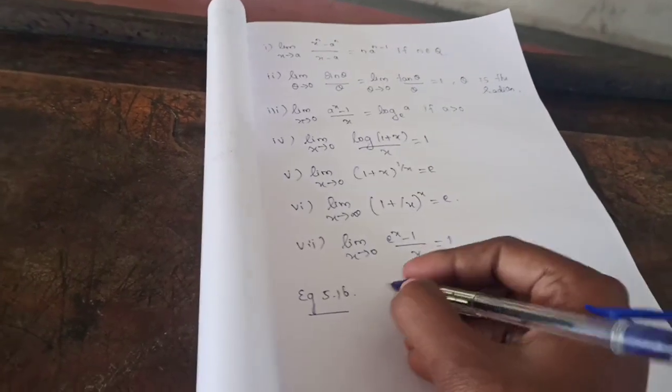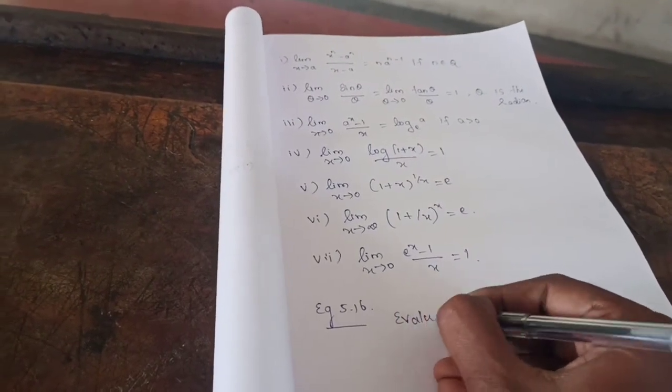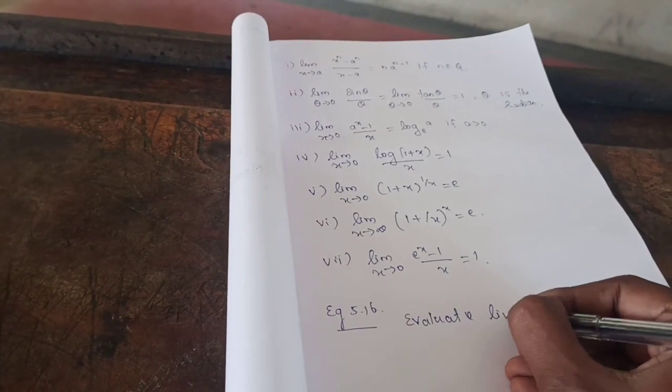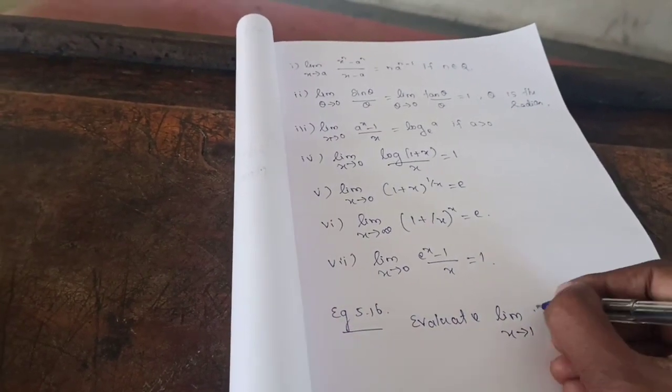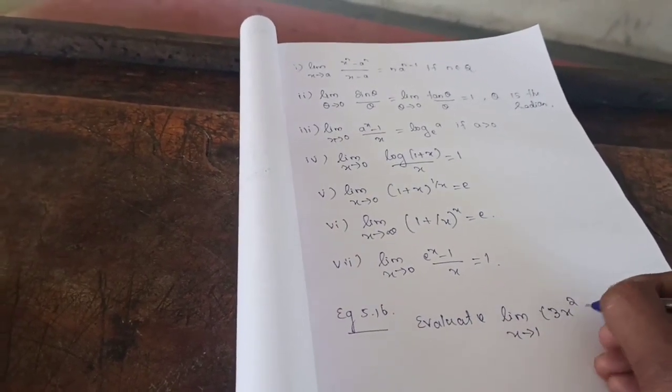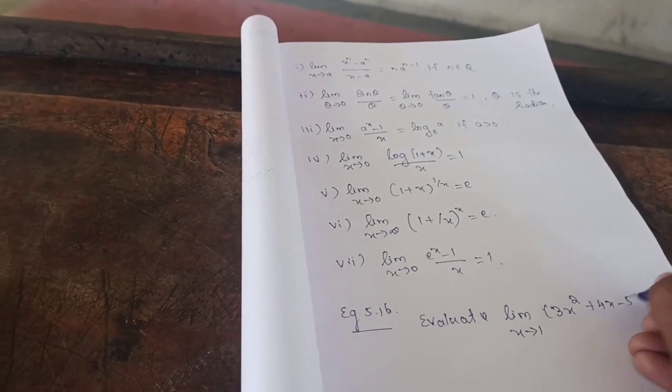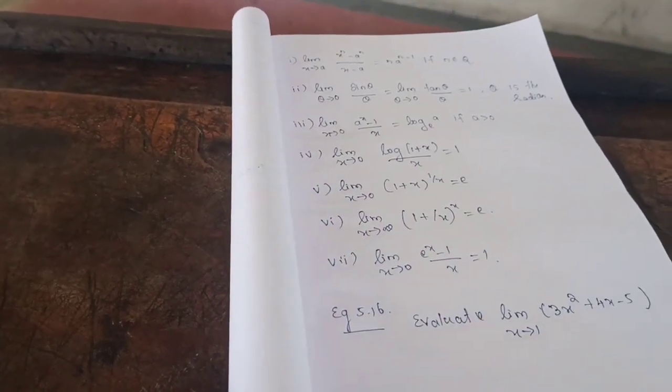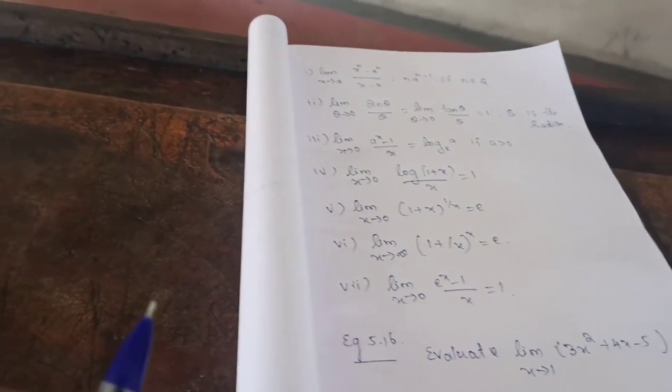Okay, now we will do one problem. Evaluate limit x tends to 1, 3x square plus 4x minus 5. It's a very simple problem.